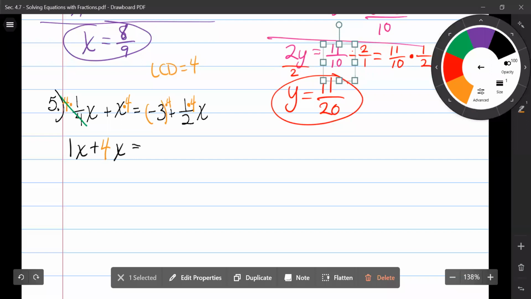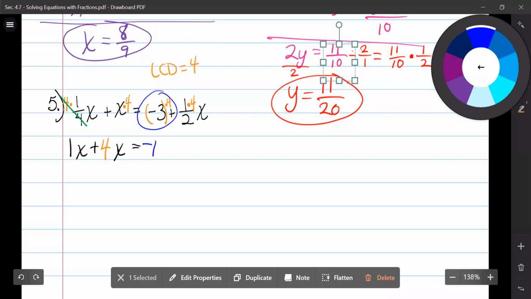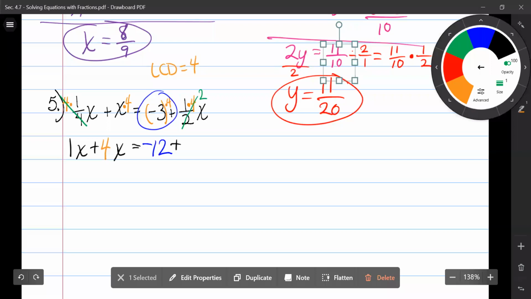And then -3 times 4 would be -12 plus. And then 2 goes into 4 2 times. And 1 times 2 is 2, which makes that 2x. And now the fractions are all gone.